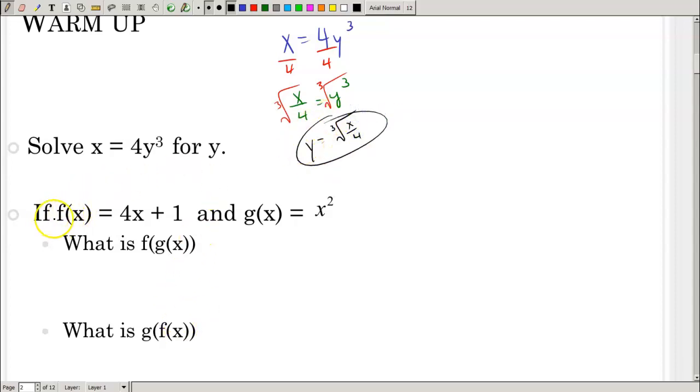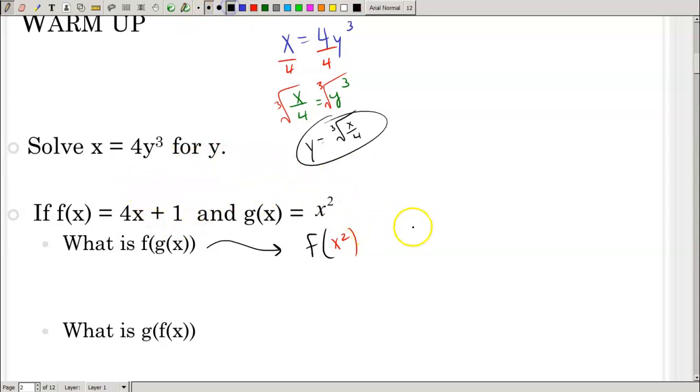So in the end, I'm going to get y equals the cube root of x over 4 for that first one. This next one, we have two functions, f of x and g of x, and it says what is f of g of x, and so that's a function composition that we learned before. So this would be like, what is f of, and g of x is equal to x squared. So it's like taking the x squared and plugging it into whatever f of x is.